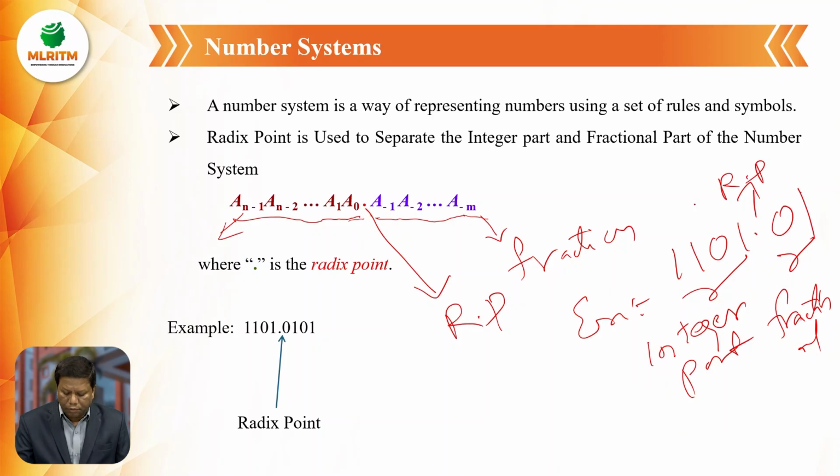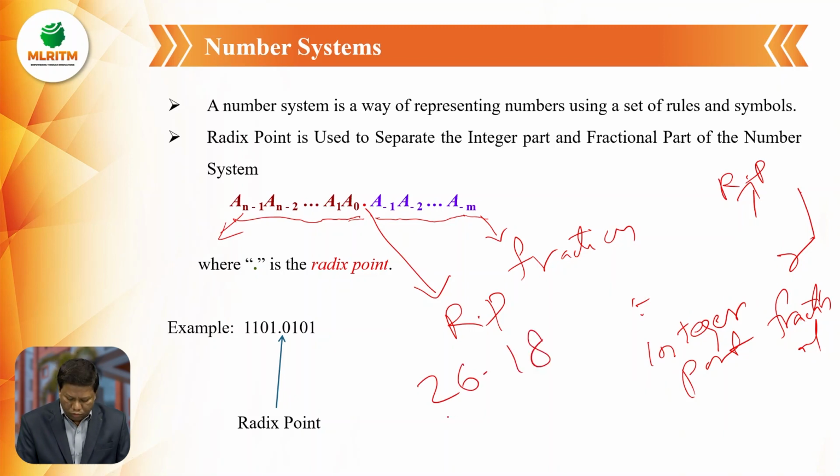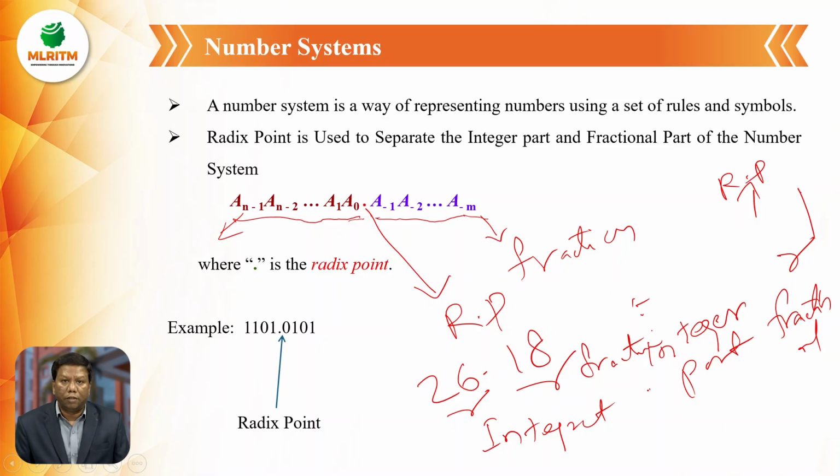In decimal, if you have 26.18, 26 is the integer part and 18 is the fractional part, which are used in decimal values.